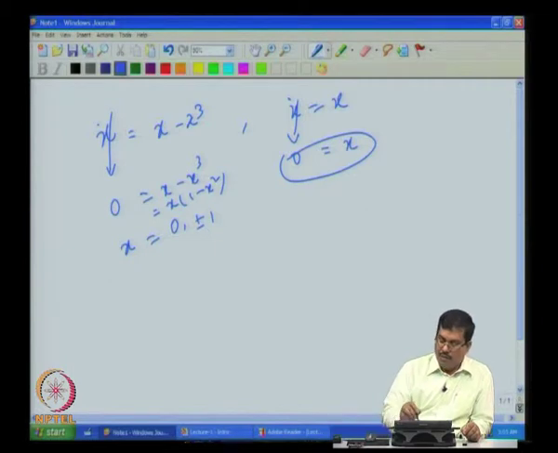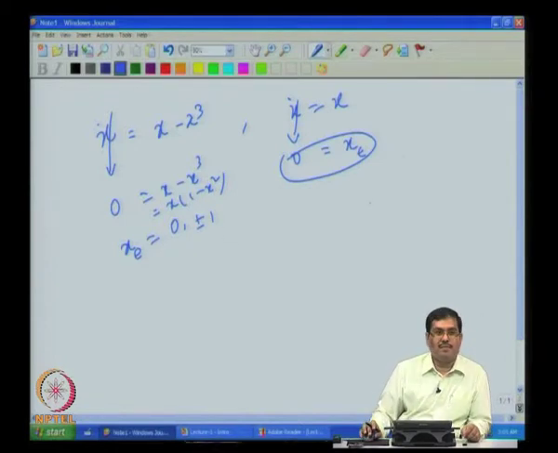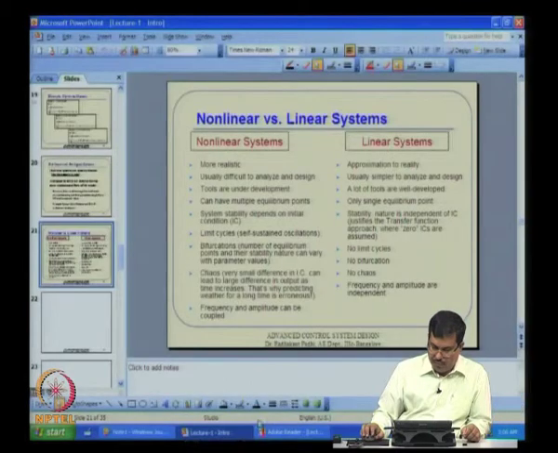So, here I have only one equilibrium point, and here you have 3 equilibrium points. So, that is how these nonlinear systems are really different from the linear systems.